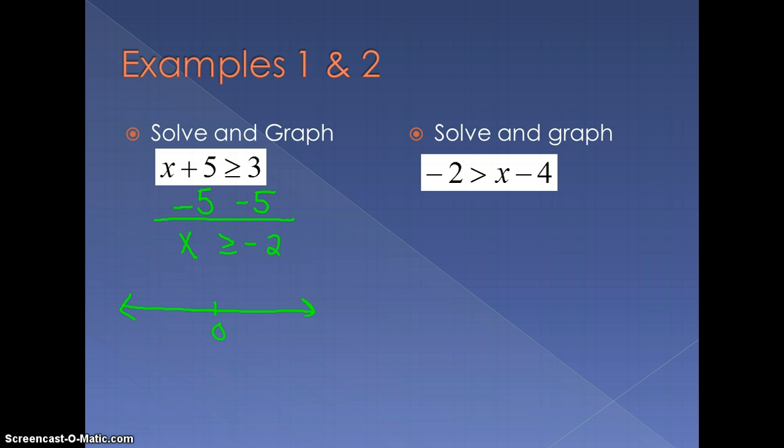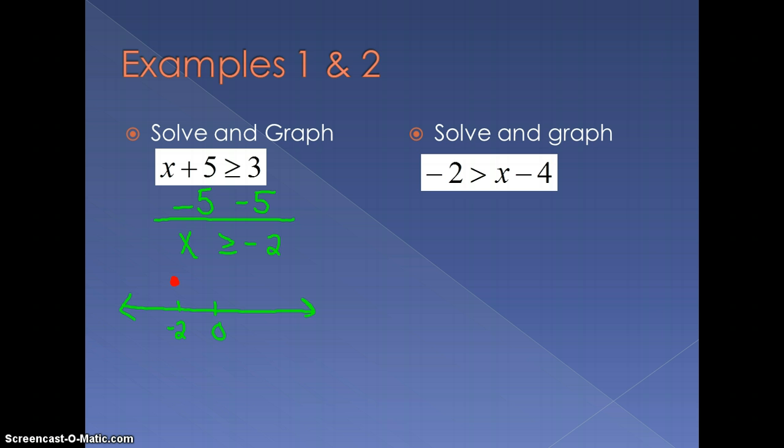All I require of you is the 0 in the center point, and then we have to go to negative 2, which is right here. So now we have our negative 2. Greater than or equal to means negative 2 can be a solution. So that means a solid circle goes at negative 2.